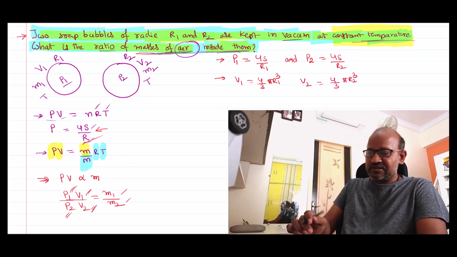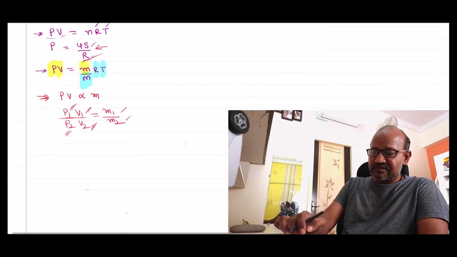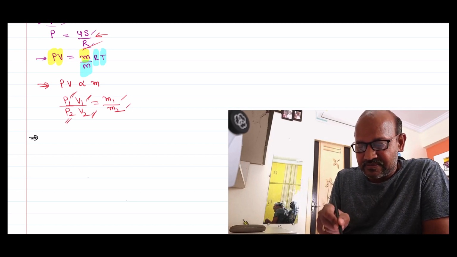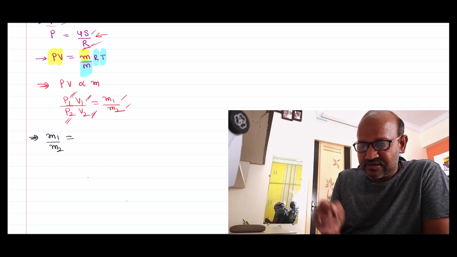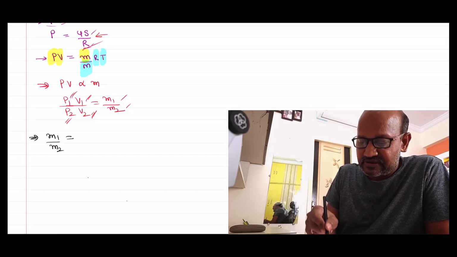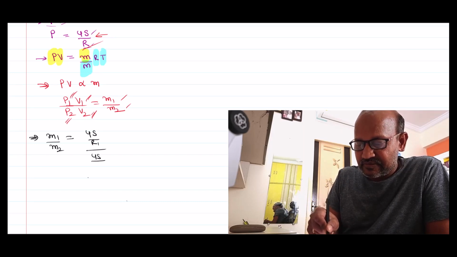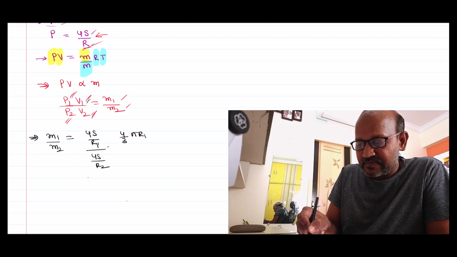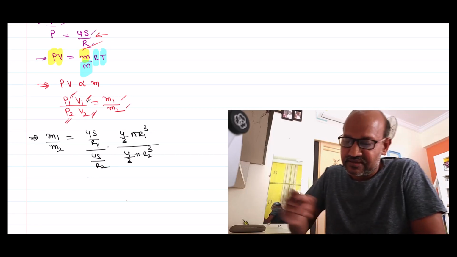Now I know everything. I can substitute in the formula. It implies the ratio of the masses of the air inside the soap bubbles is P1 by P2, which is 4S by R1 over 4S by R2, times V1 by V2, which is 4 by 3 pi R1 cube over 4 by 3 pi R2 cube. So what can be cancelled?